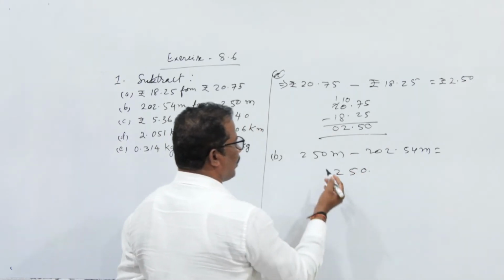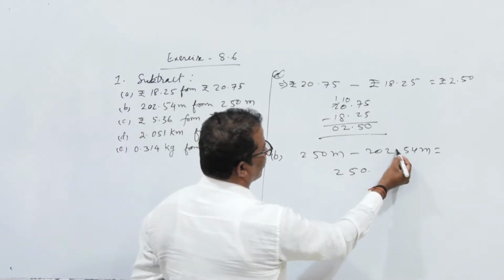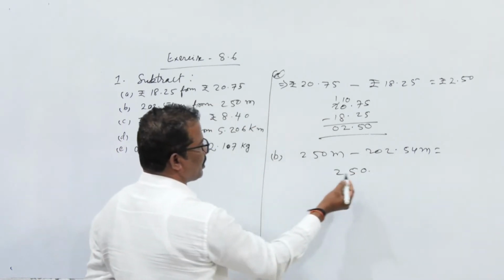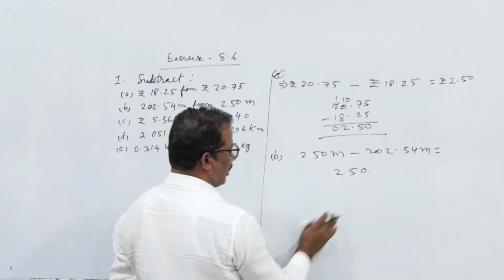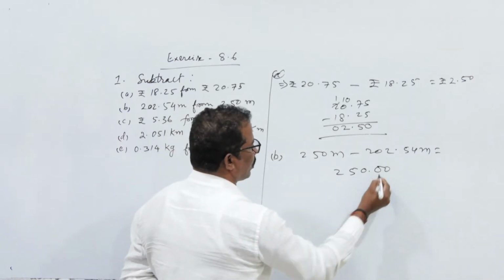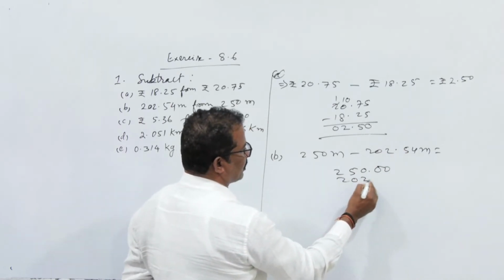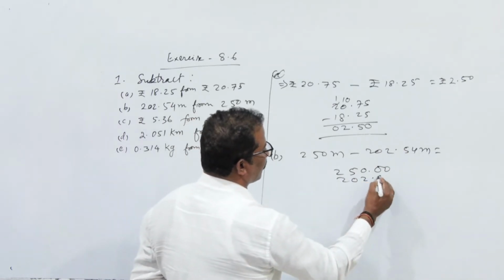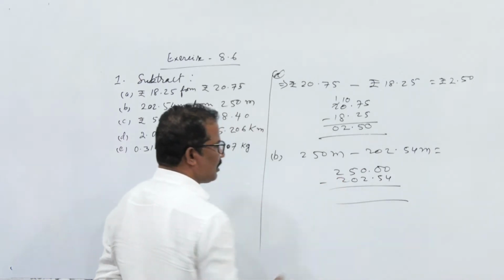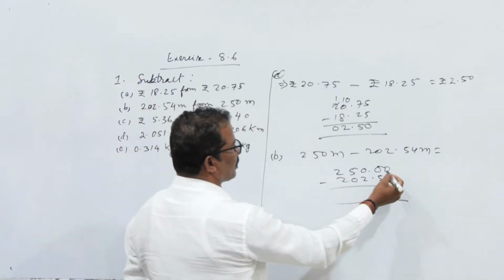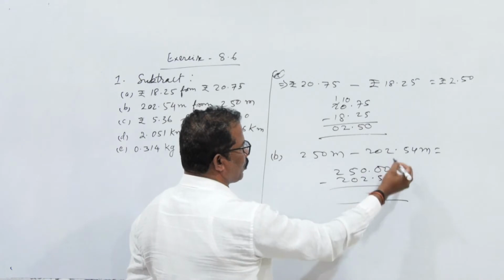We have to convert into like decimals, because after the decimal there are two places, here no decimal is there, means in the last we can put a point and we can add 2 zeros here. Now this number is like decimal to this, that is 202.54. Okay, now we can subtract. So 0 minus 4 is not possible, we have to borrow from here.